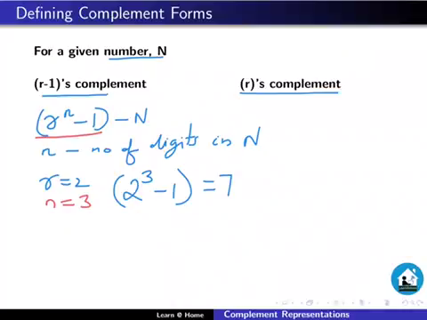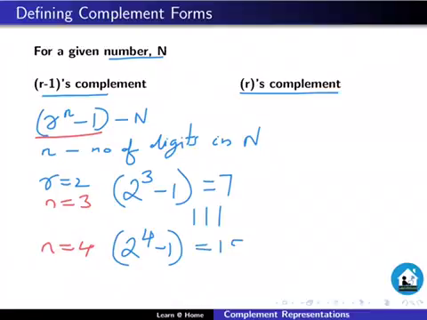And the equivalent binary representation of 7 is 1, 1, and 1. And now let us look at another case where the value of n, the number of digits, is 4. Then what we need to find is 2 raised to 4 minus 1, and that becomes 15, and the equivalent binary is 1, 1, 1, and 1.